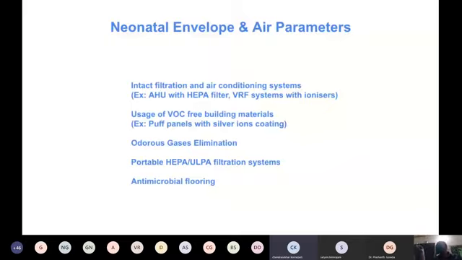At the end, we will be discussing ionizers and silver ion technology. Usage of VOC-free building materials is one of the important factors in constructing the neonatal envelope. And odorous gases elimination, portable HEPA-ULPA filtration systems, antimicrobial flooring.